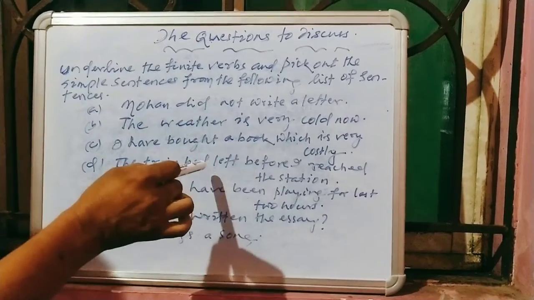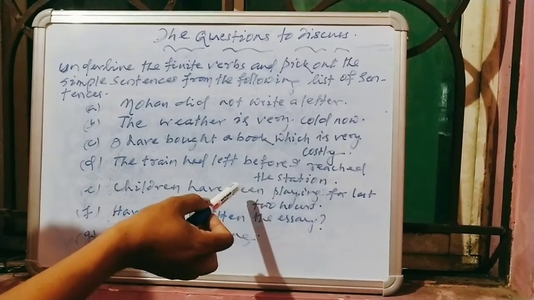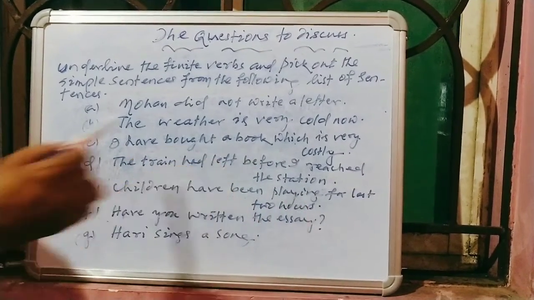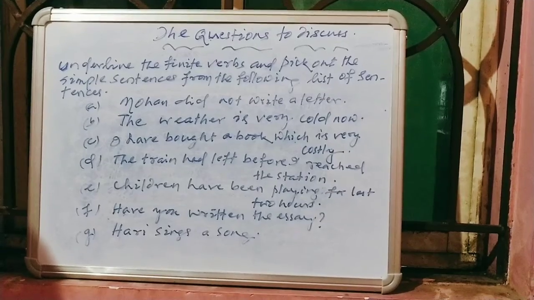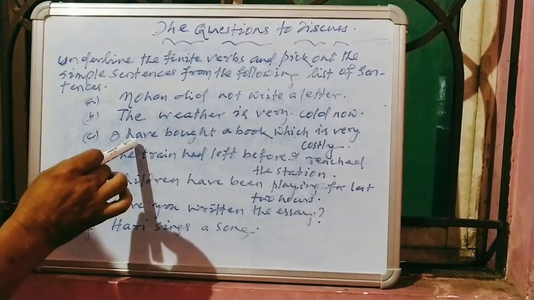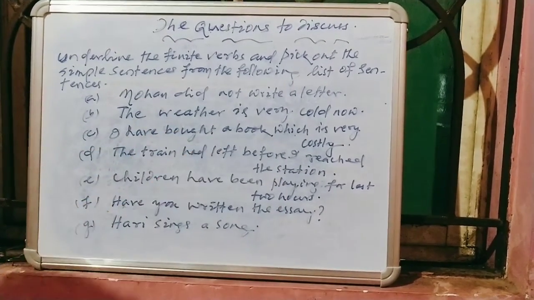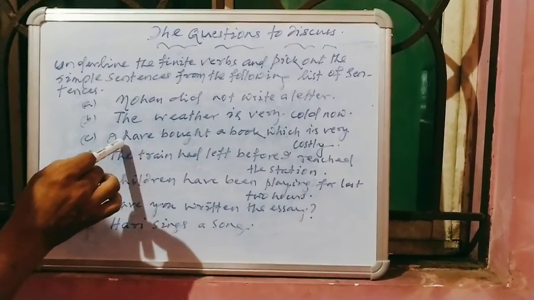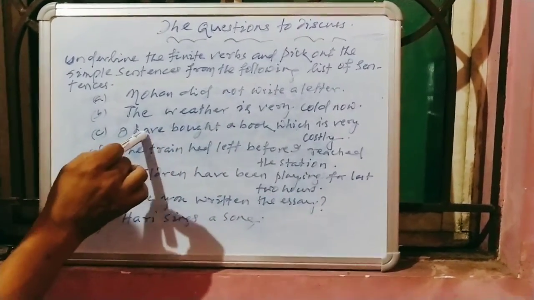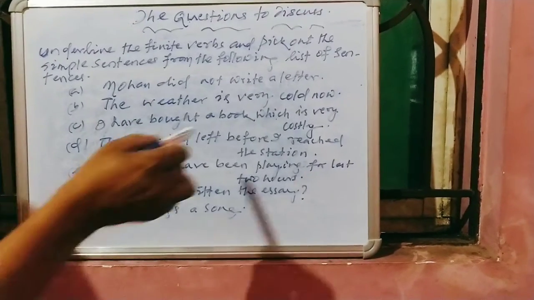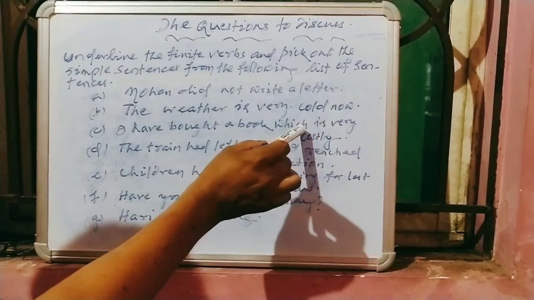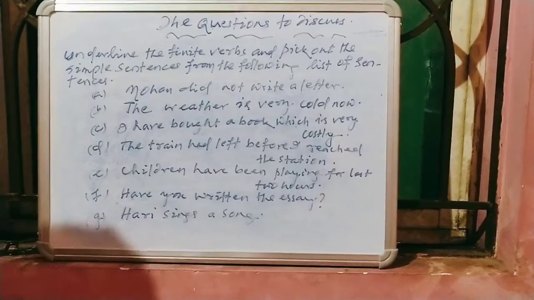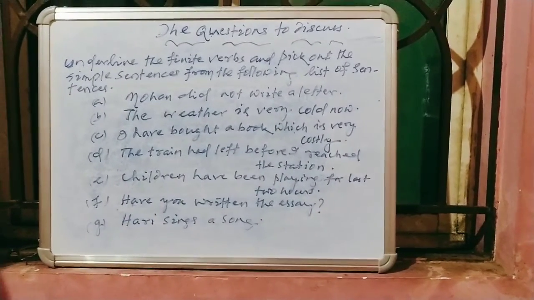And as we know that the more is the number of clauses, the more will be the finite verbs. As a result, here we have two finite verbs, right? So in the first clause, I have bought a book, have is the finite verb, and in the second clause, which is very costly, is is the finite verb, right?